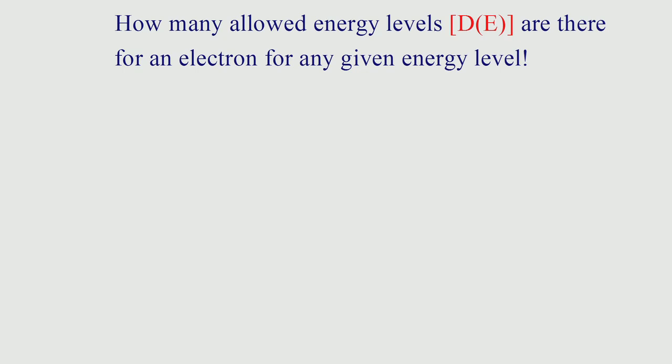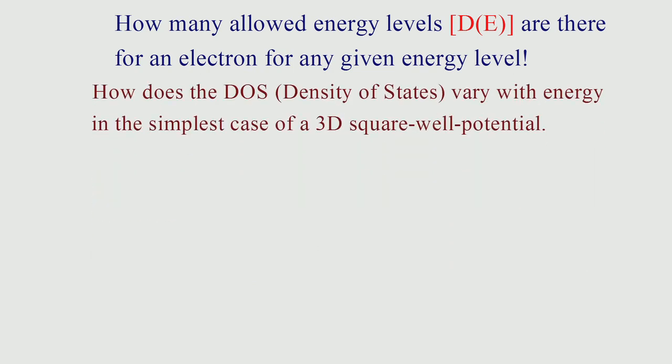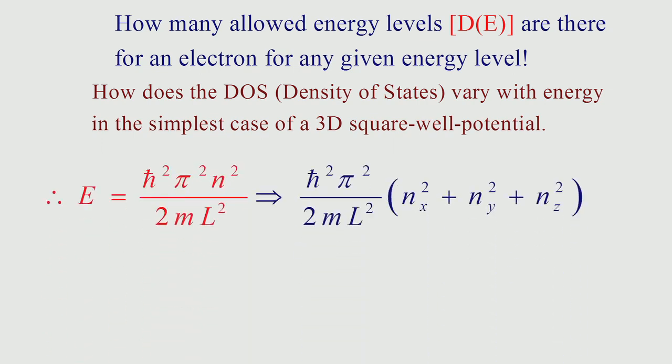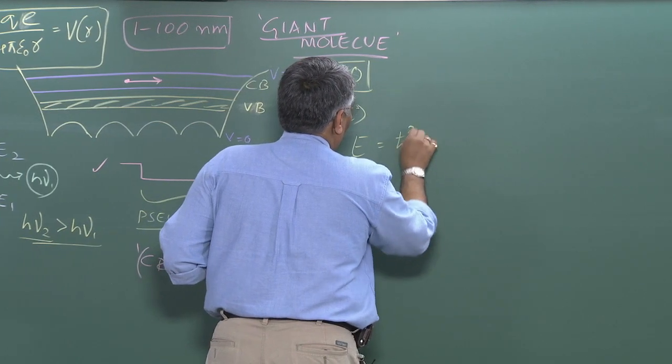It tells you how many allowed energy levels there are in a given range of energies, say E to E plus delta E. How the density of states varies with energy is what we have to see, and the simplest case is to start with the 3-dimensional square well potential. We go back to our standard relation.